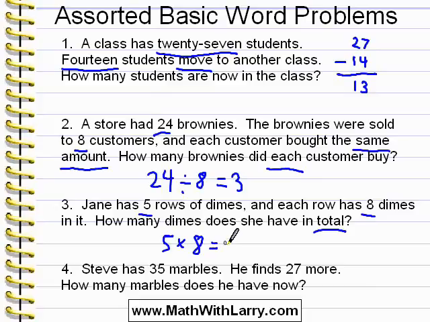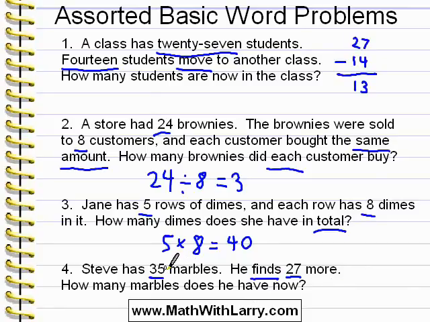Okay, let's look at the last problem. Steve has 35 marbles. He finds 27 more. I'm going to underline finds. That sounds like it's important because something's happening. How many marbles does he have now? Well, nothing in the problem tells me exactly what I'm supposed to do, but I know from experience that if you have a certain amount of things and you find more of them, what you're really doing is adding.